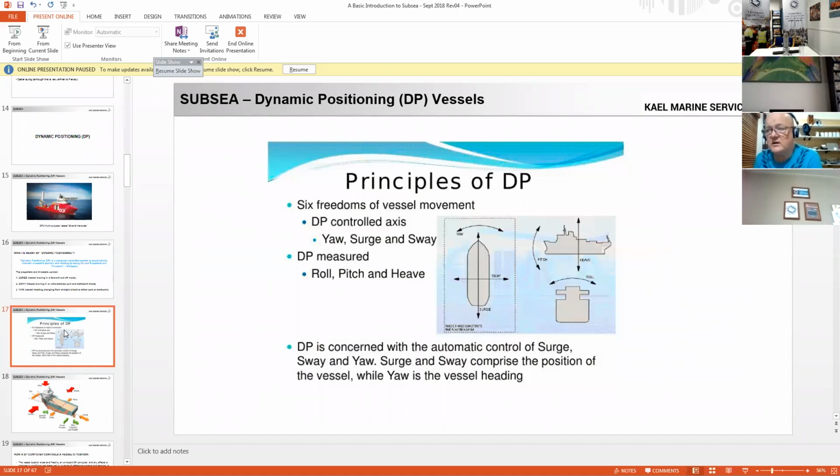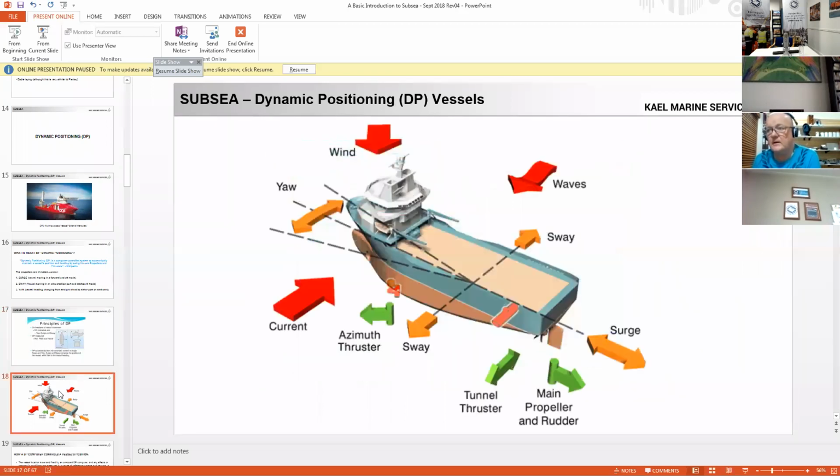Surge and sway comprise the position of the vessel, while yaw is the vessel heading. That's a good little example. So if you've got current, the red arrows, current, wind, and waves, which you cannot control, but sway, surge, and yaw you can control by your azimuth thrusters, your tunnel thrusters, and main propellers and rudders.